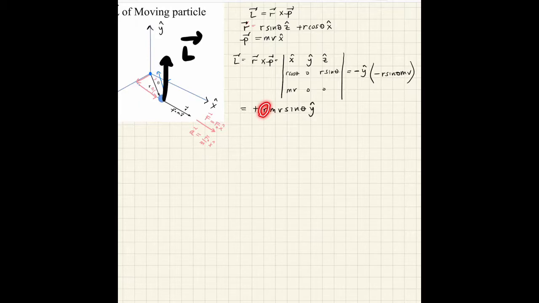Also, this r sine theta, I told you that it was just going to be picking out the perpendicular component, and you can really see that right now. This is r sine theta times mv in the y hat, and that's what I had denoted this distance of d before. So it's really just picking out the perpendicular component d of the r vector and multiplying that by m times v, all in the perpendicular direction.